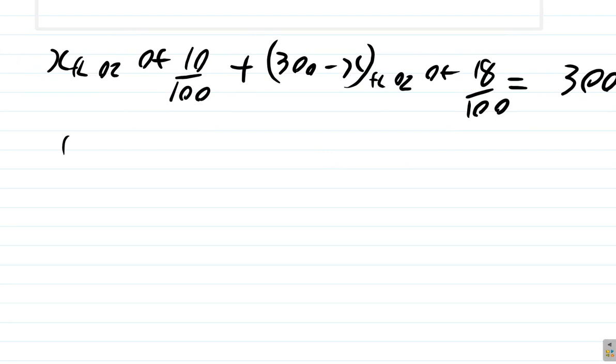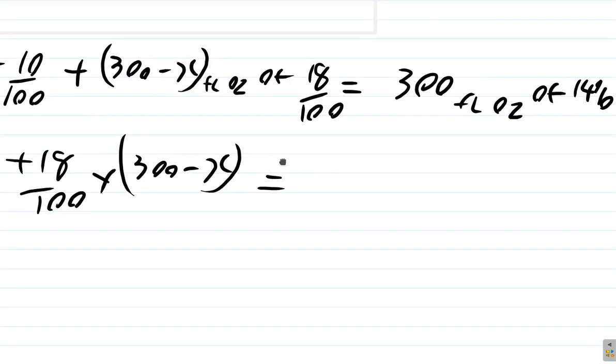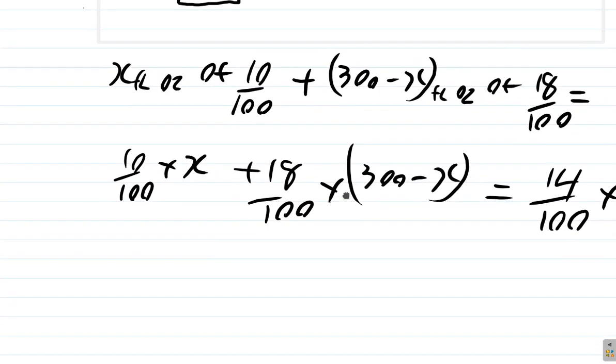So 10 over 100 times X plus 18 over 100 times 300 minus X will give us 14 over 100 times 300. Interesting.